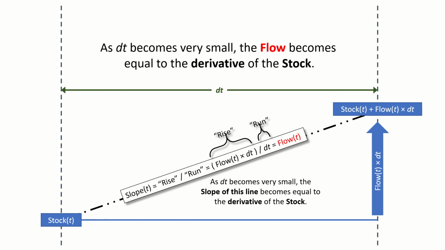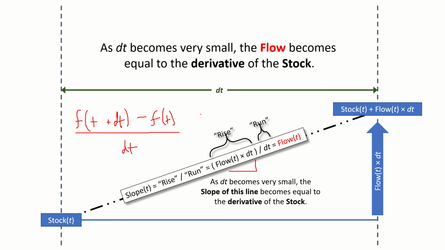So if you remember in calculus, if I've got a formula like f of t, then f of t plus some dt, minus f of t, divided by that dt, this is basically the slope of this.